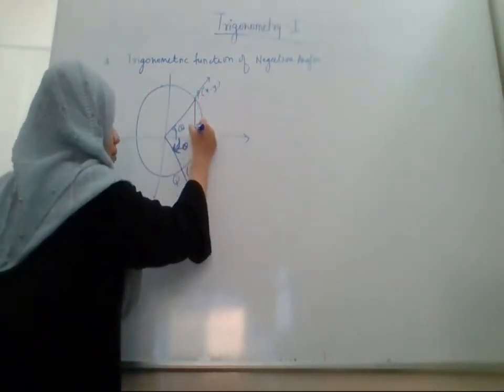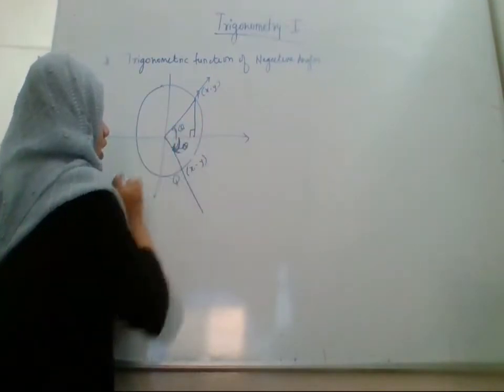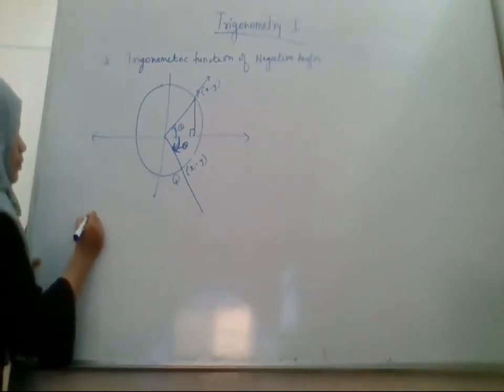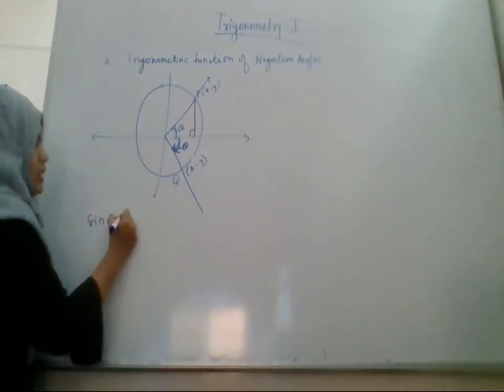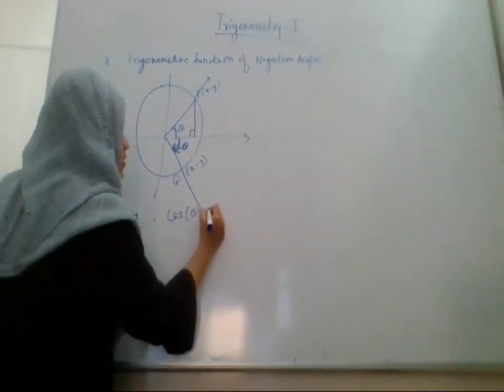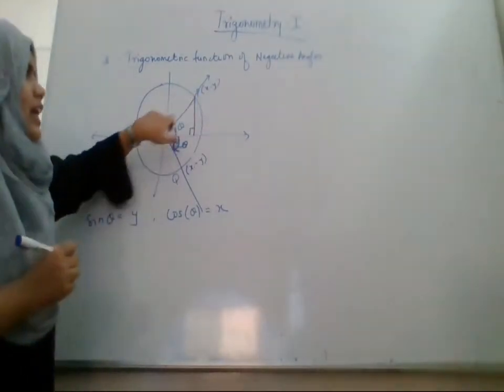Now we will follow the same procedure and draw a perpendicular. As we know, sin theta is y and cos theta is x, for this triangle.